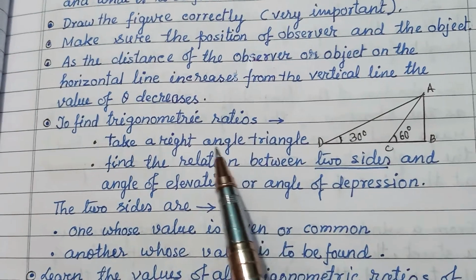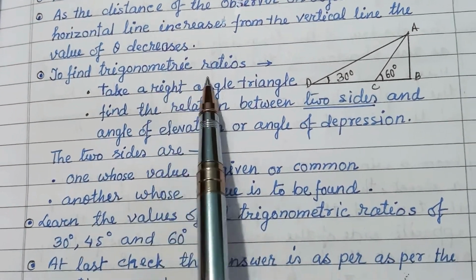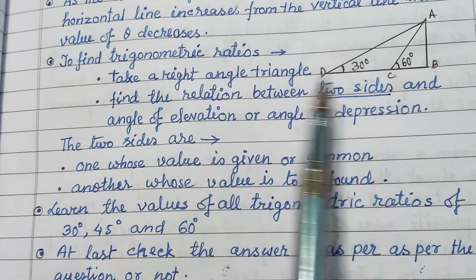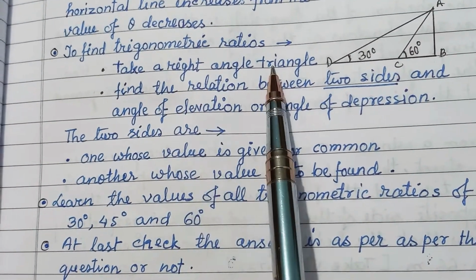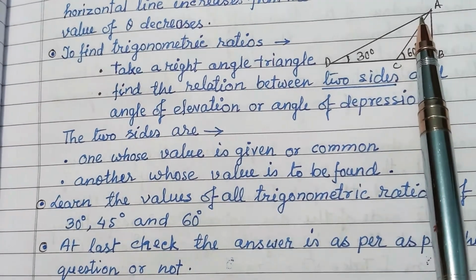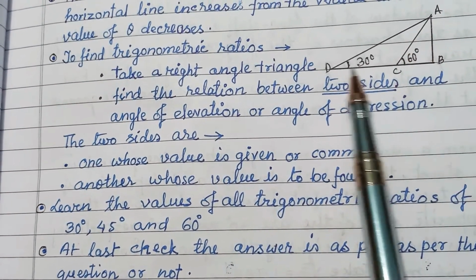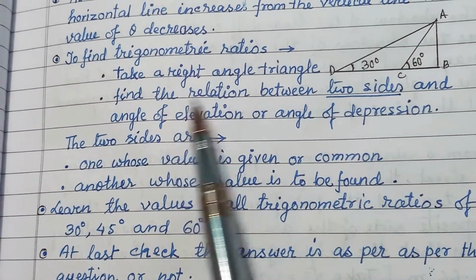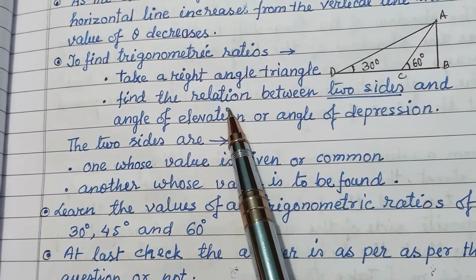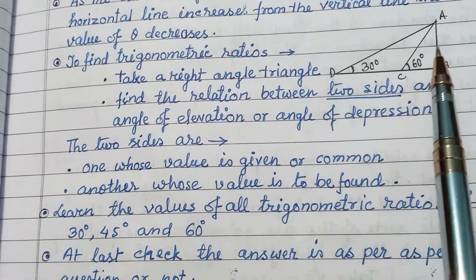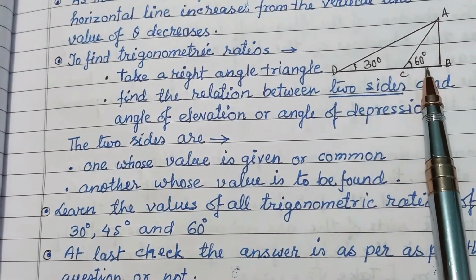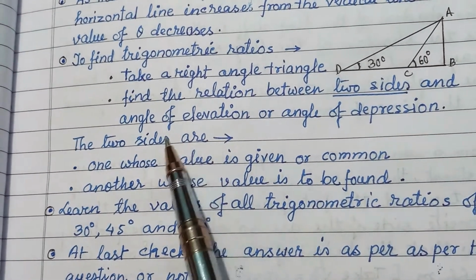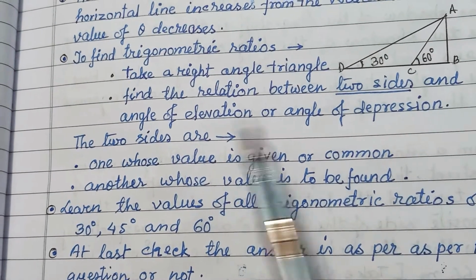Now, to find the trigonometric ratios, take a right angle triangle. Never take this type of triangle, obtuse angle or acute angle. You must always use a right angle triangle. Second, find the relation between two sides, either these two sides or these two sides, whichever it is, and the angle of elevation or angle of depression.